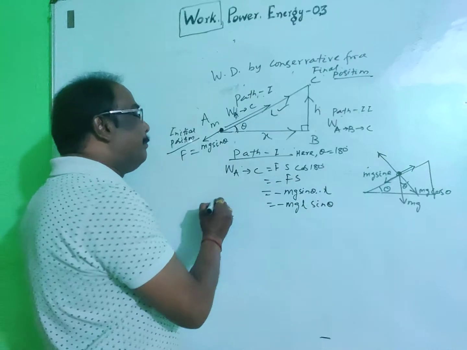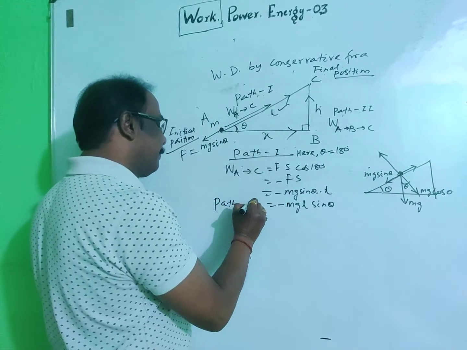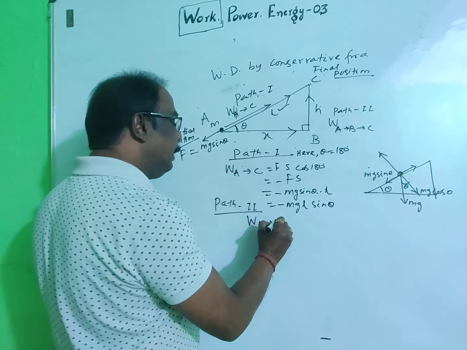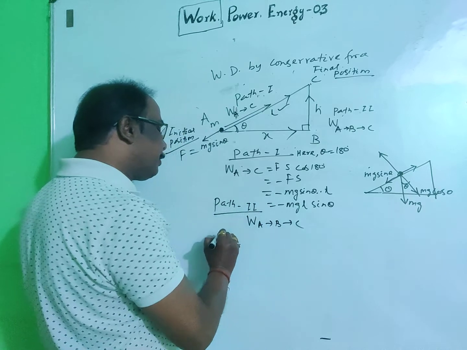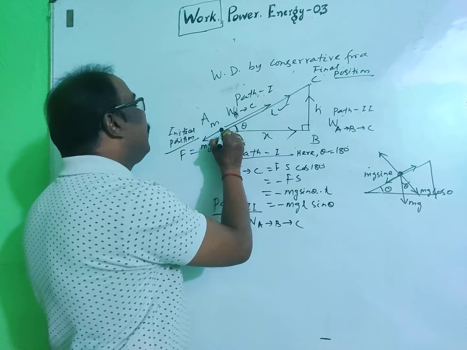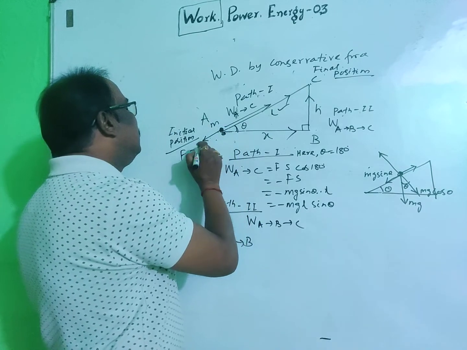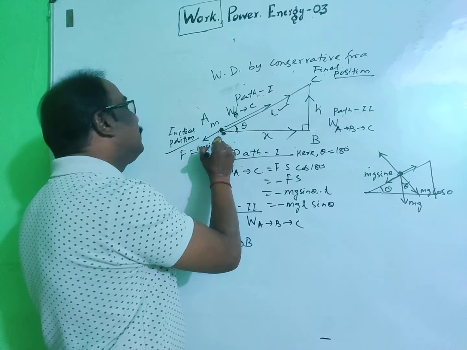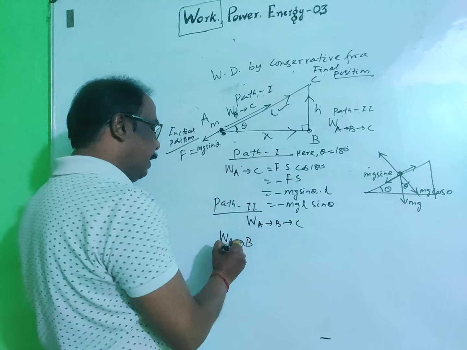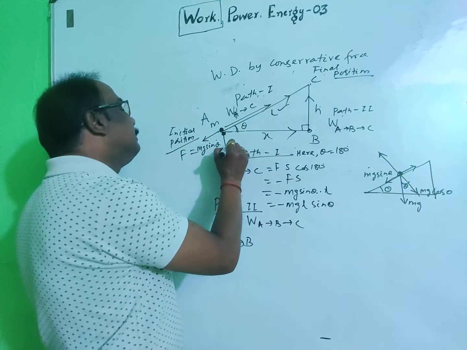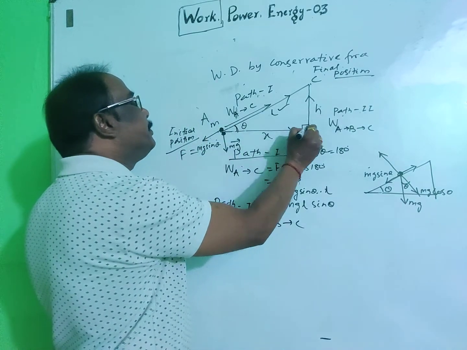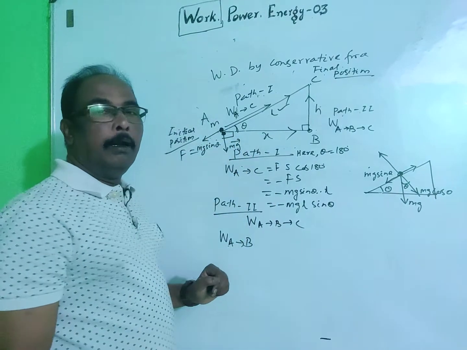Then path 2. Path 2 means work done from A to B, then from B to C. Let's first find the work done from A to B. This position is A, this is B. See here, force due to gravity mg is in the vertically downward direction, and x is displacement perpendicular to the direction of force.